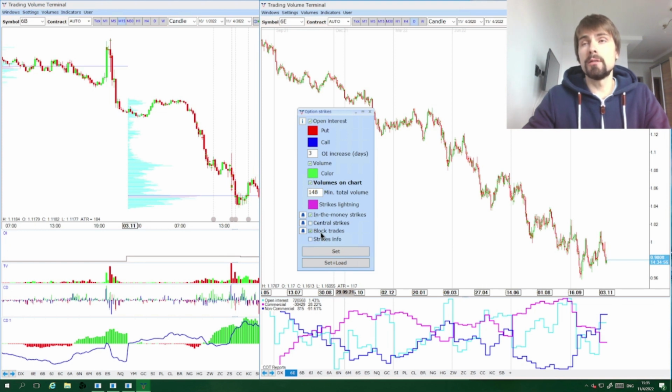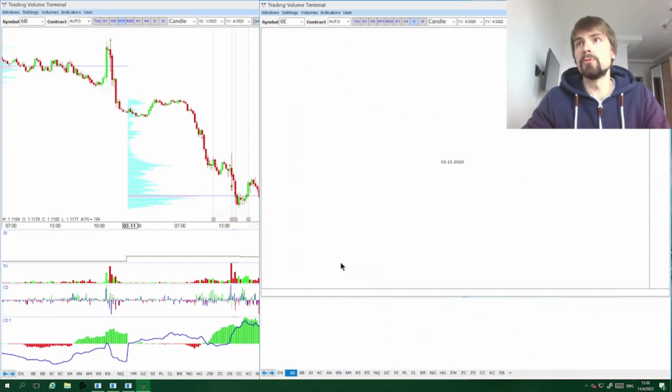I'm interested in block trades on the daily chart because they are also supply and demand zones for big traders. Also we click in the money strikes because the trades which belong to out of the money strikes are not so influential. And we click set plus load. I use 2 years daily chart. It is totally enough for a swing trader.